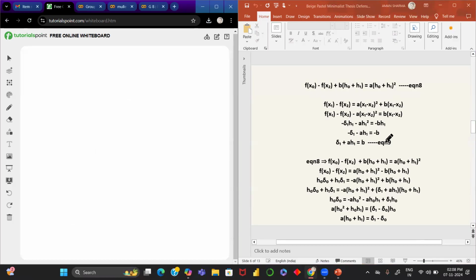Then from equations 6 and 7, we can write f(x0) - f(x2) = a(x0 - x2)^2 + b(x0 - x2).